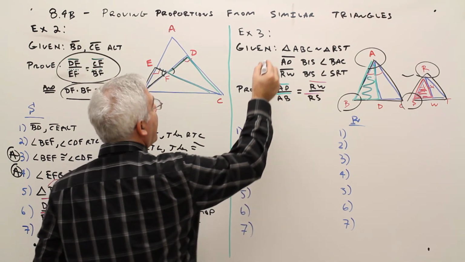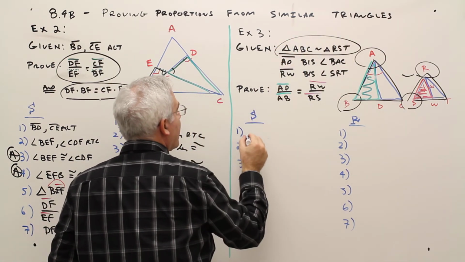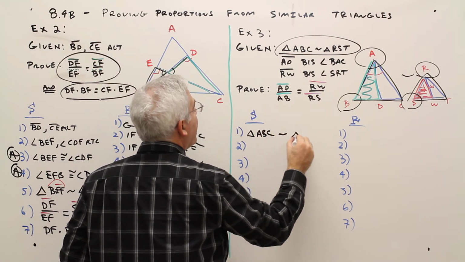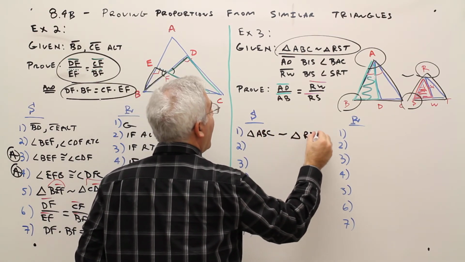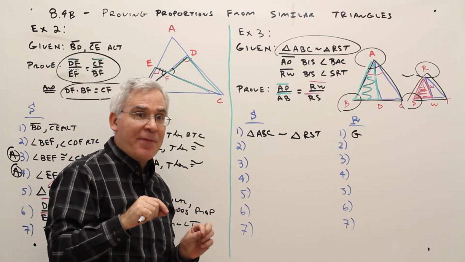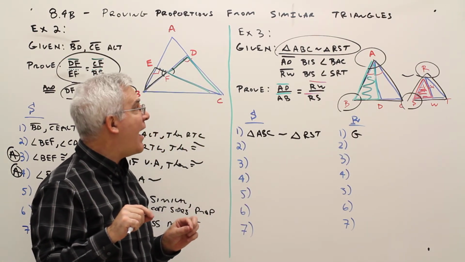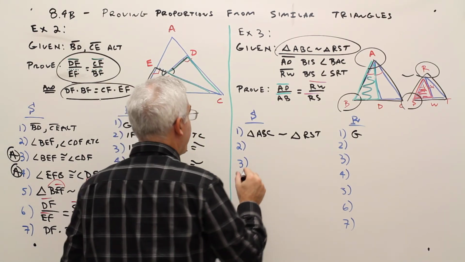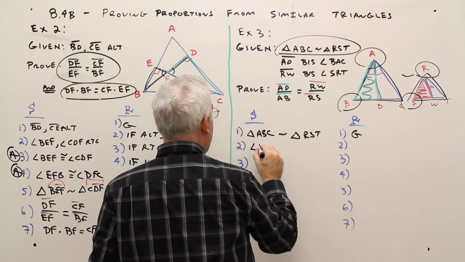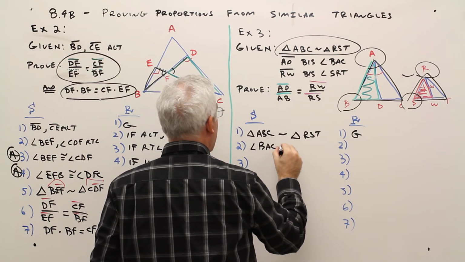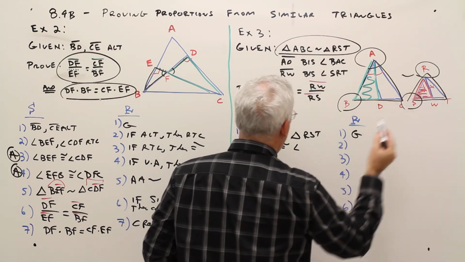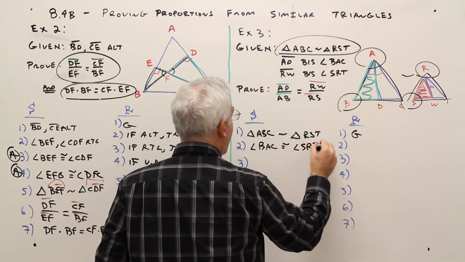Okay, so I'll start with this right here. Triangle ABC is similar to triangle RST. That was given. And based on that, I actually got two things to happen. I got angle BAC congruent to angle SRT. I'll just start with that.